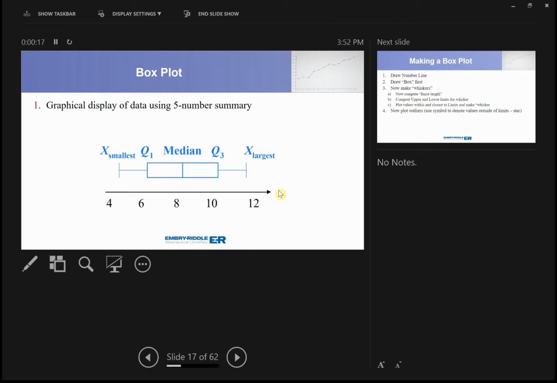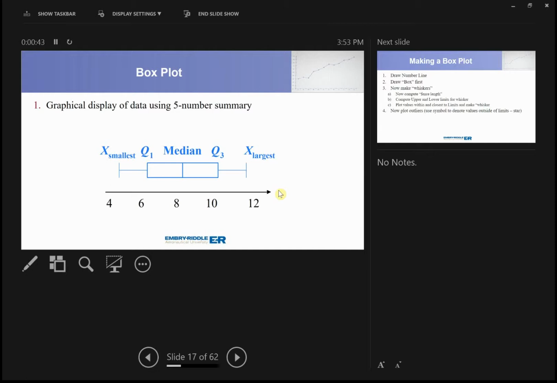The third quartile is going to be the upper end of the box, which is around 10. And the median is just going to be a line drawn wherever it is. So in this case, the median is around 8. And then the whisker is going to be the rest of the data set. It's going to generally extend out to the lowest and the largest value. So it's a very gross way of representing the data. Very different than a histogram.